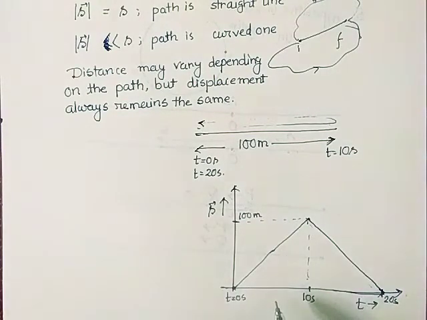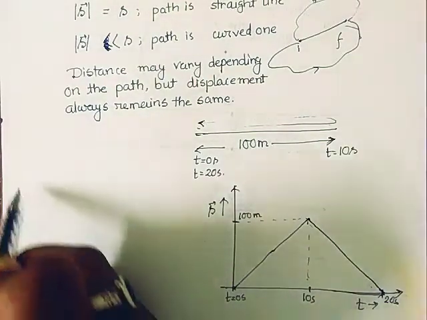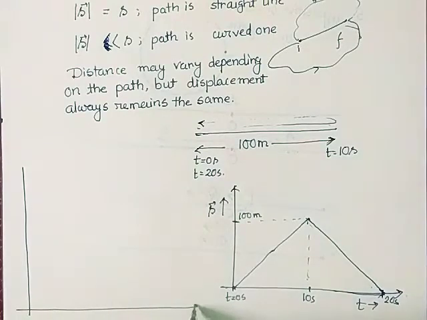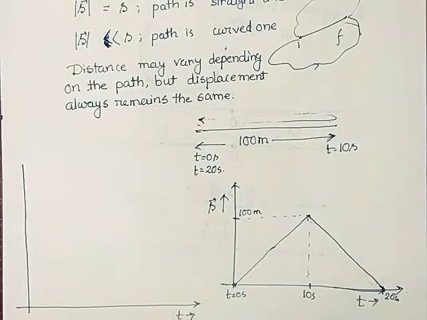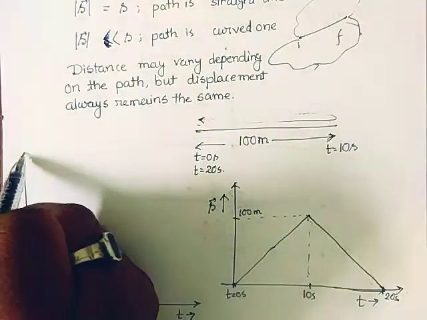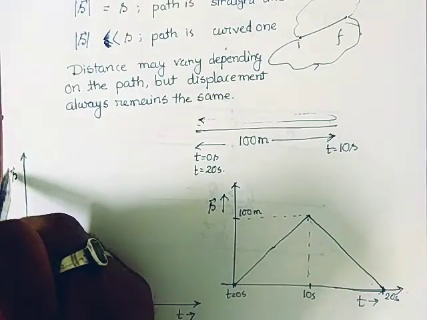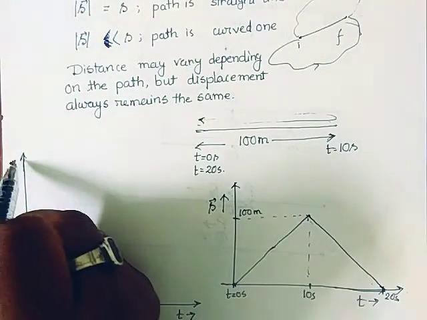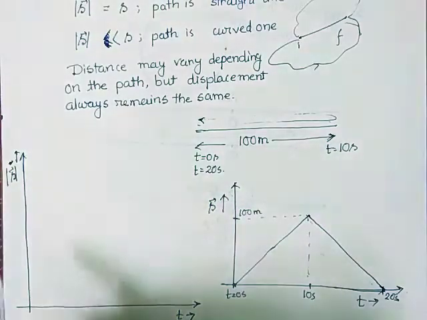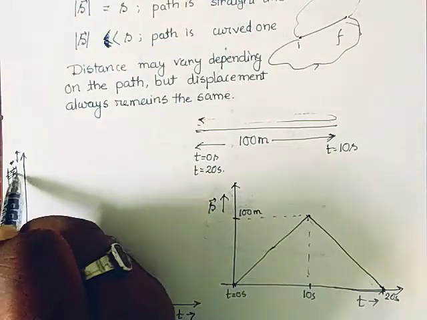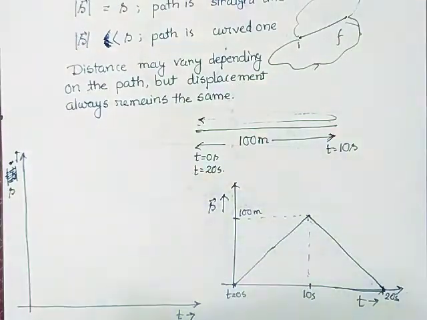But if I want to show the distance versus time curve, this is the time, and this represents the distance. Obviously it is not the magnitude of displacement, so I just write s, which here refers to the distance only.